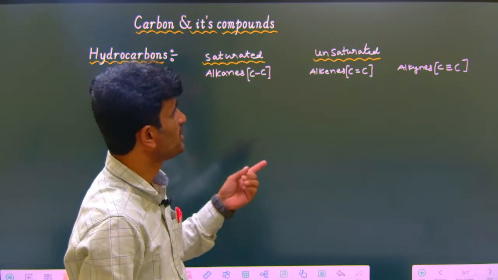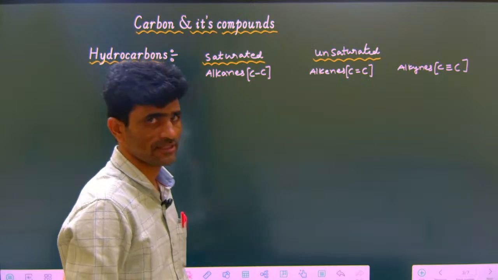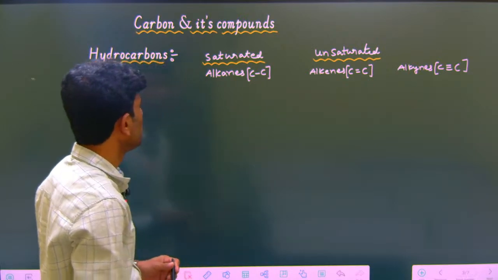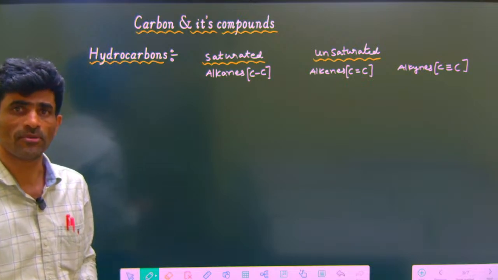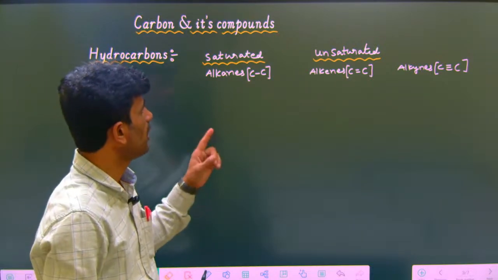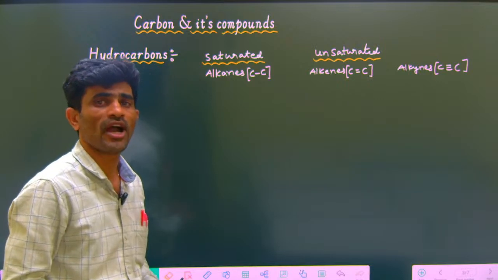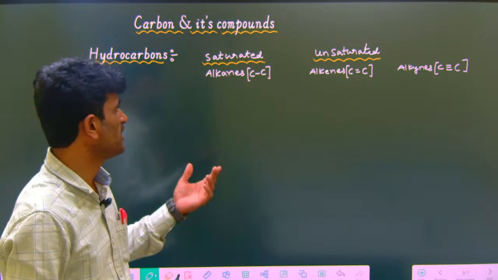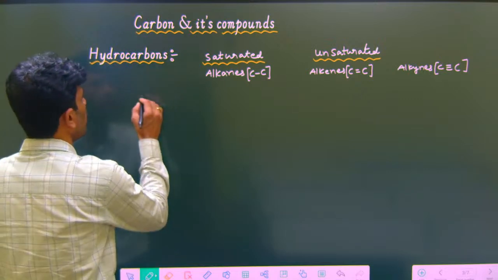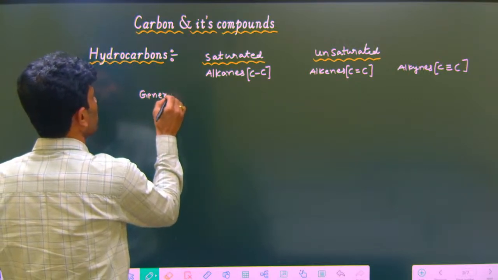If there is a triple bond between carbon and carbon, we call it alkyne. After this, it is very important to remember the general formula of alkanes, alkenes, alkynes, which tells us how many carbon atoms and how many hydrogen atoms are there in each type. So now let us see the general formula.